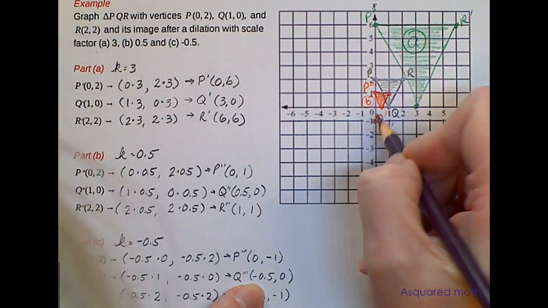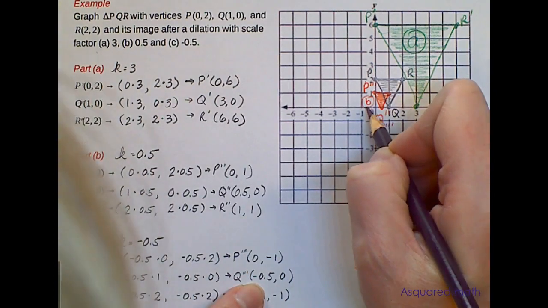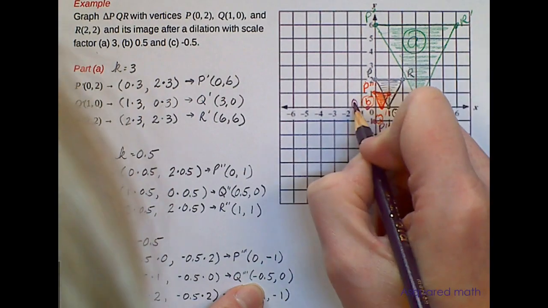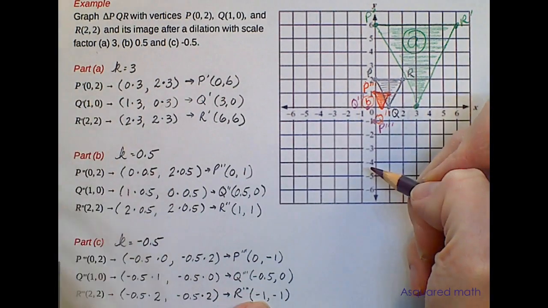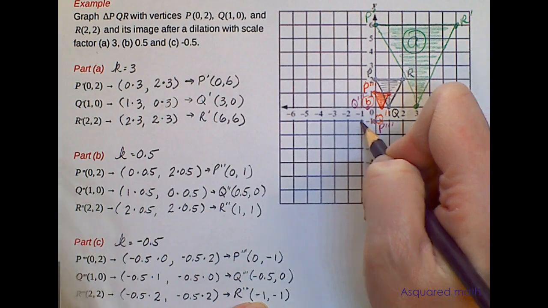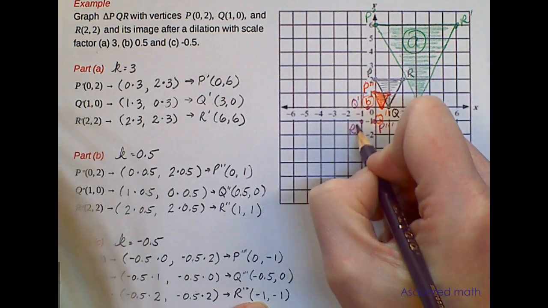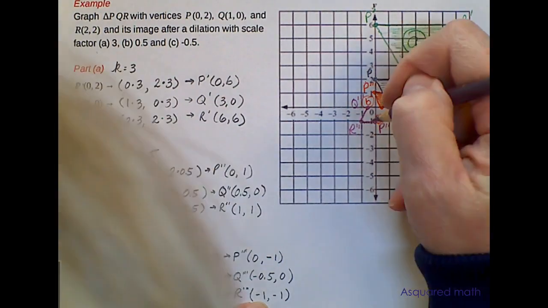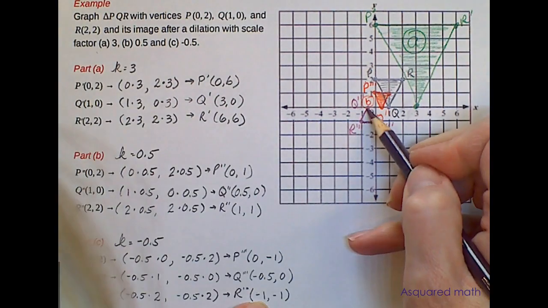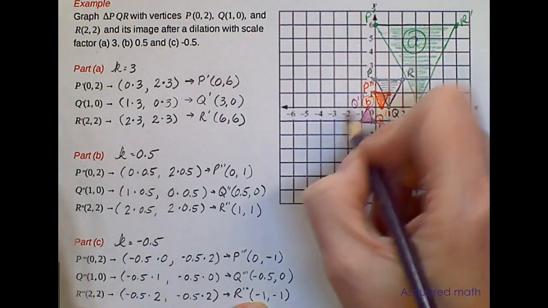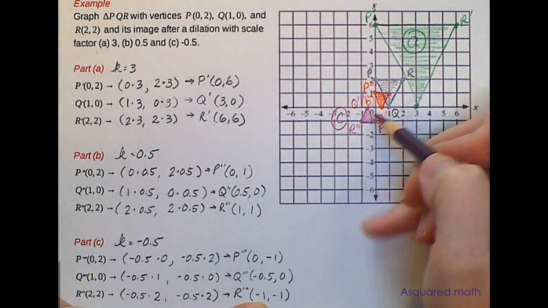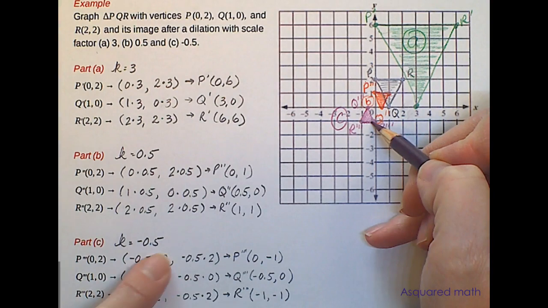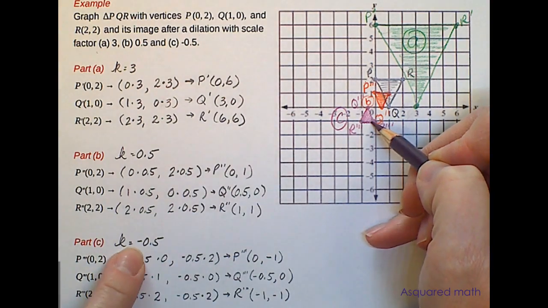To the left 1/2, up 0 is our Q triple prime. And then R is to the left 1, down 1, R triple prime. And we will connect those points. And this is part C. So if you take a look at part C, we know it is a reduction because it's less than 1, but the negative indicates that we are actually going to flip this.